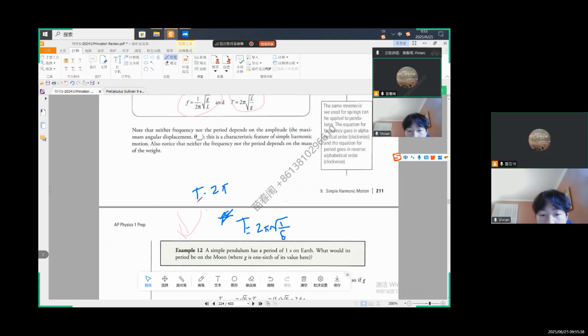Yeah. 1 equals 2 pi root L over 10. 1 over 2 pi squared equals L over 10.